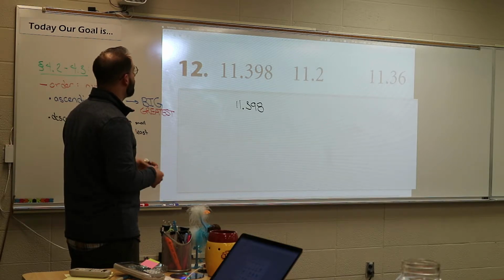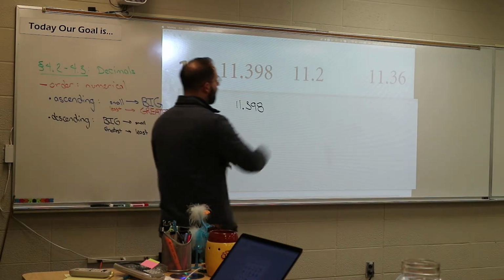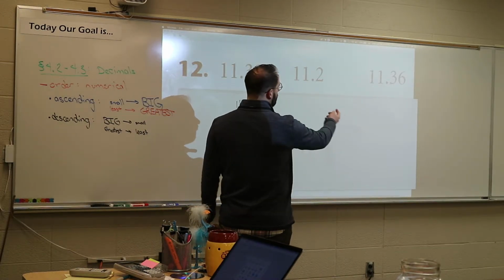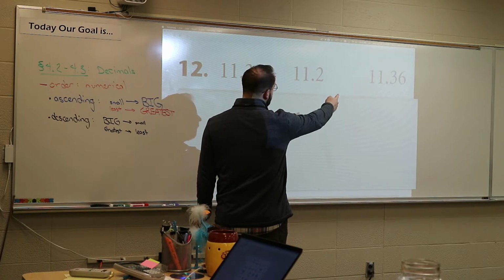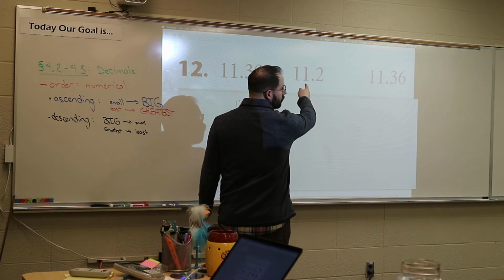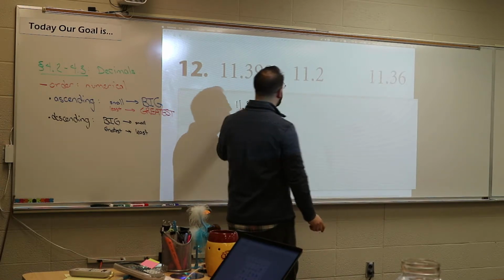You want to do 398 cents? That's a good way to actually think of it. 398 cents versus the other ones, right? They have $11 and 360 cents, or $11 and 200 cents. So what would be the next smaller one?